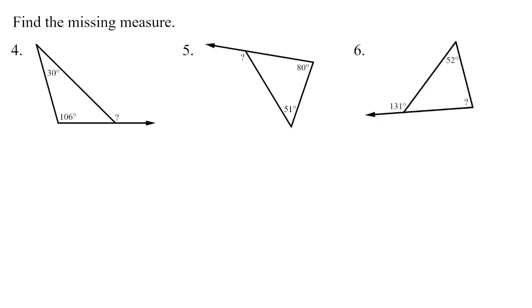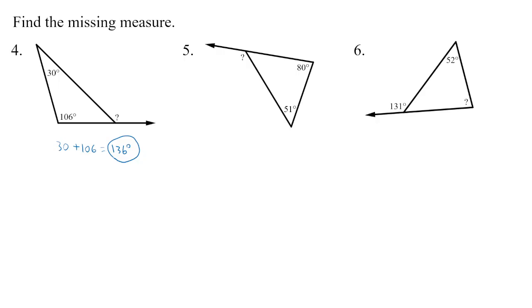That's by the exterior angle theorem. So all you got to do is add up 30 and 106, and that will give you 136 degrees. Remember, the angle we look for is an exterior angle, not the other interior angle. You don't subtract from 180.